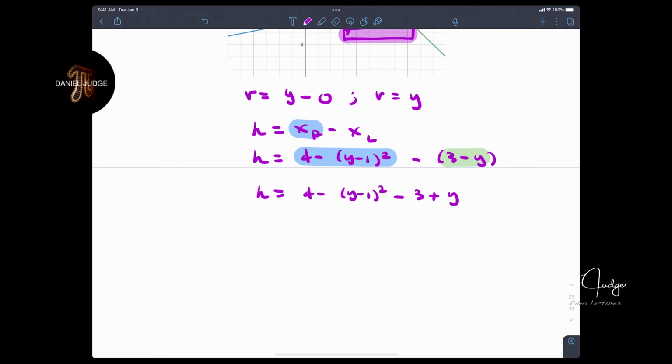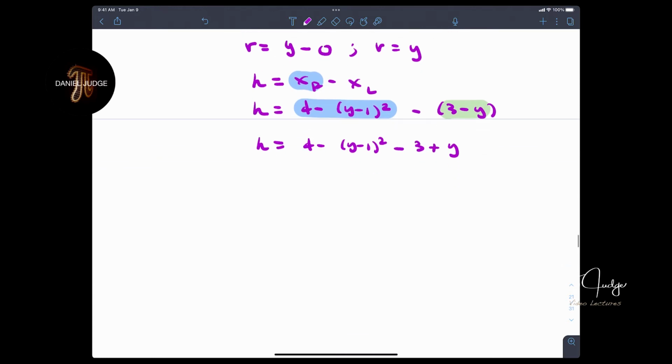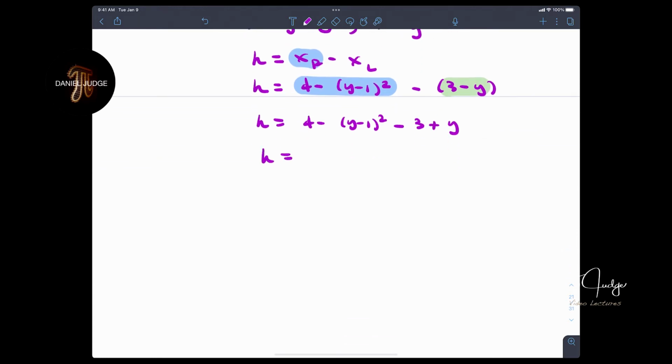So let's do some simplification here. This is going to be our height. So 4 minus (y minus 1) squared minus 3, this will be plus y. So if you want to do some algebra now, maybe this is a good time.